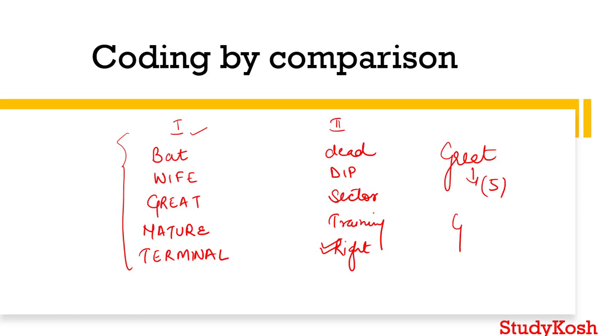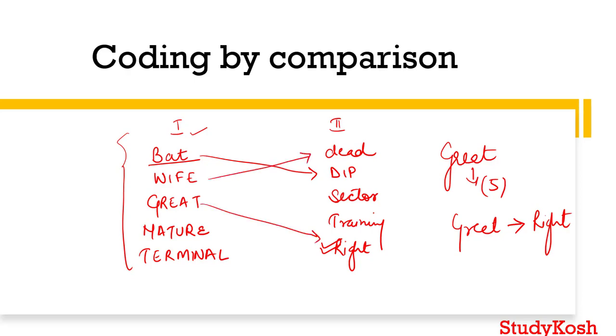So great is related to right. If I want to find out for, let's say, bat, so bat has 3 alphabets, dip has also 3 alphabets. Similarly for white, dead is related, for great we have already discussed, and for nature, sector is related, for terminal, training is related. So this is how you need to find out the codes in the comparison.